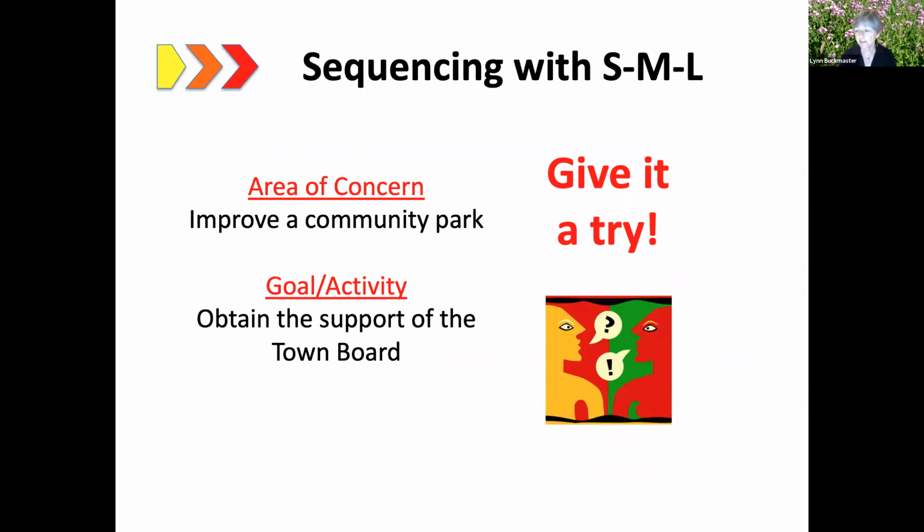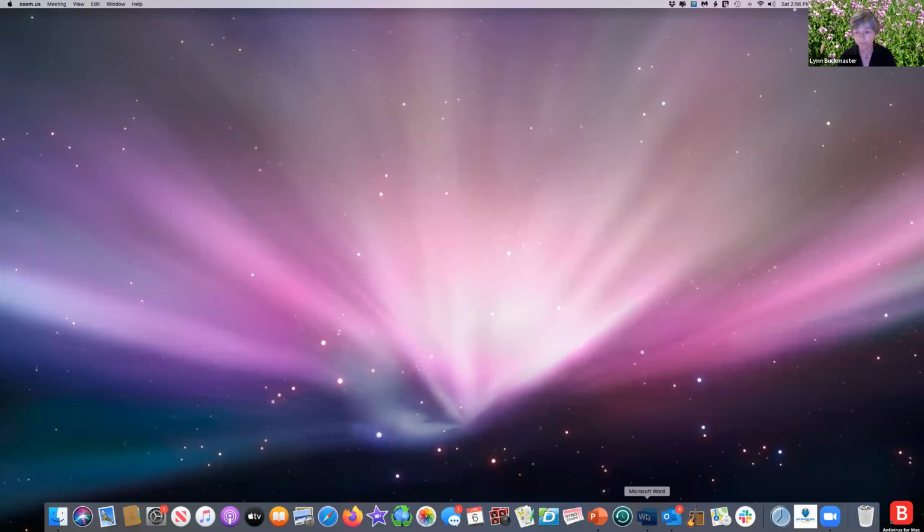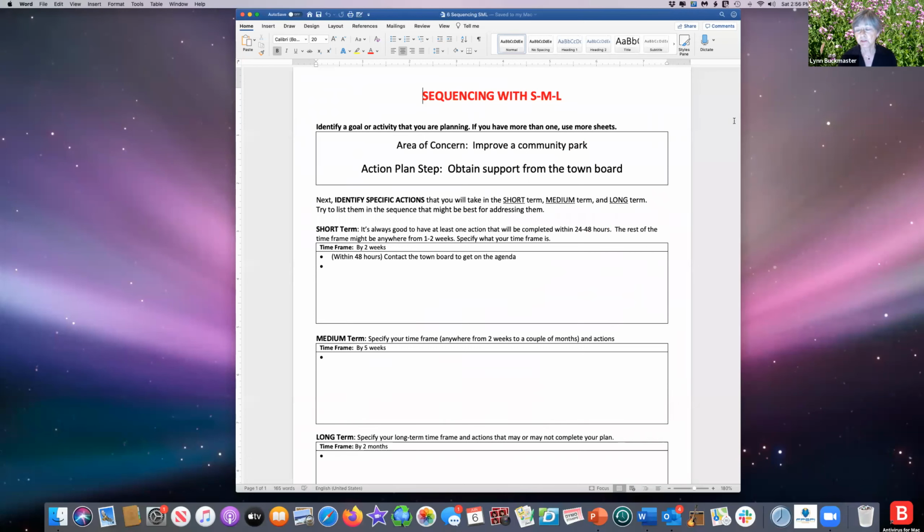So we're going to try this again with improving a community park. That's our main thing, but to do that, we need to obtain the support of the town board. So that's what we're going to be focusing on. And you're going to use the chat feature again. We're going to imagine that we found out that the first time we can get on the town board's agenda is in 2 months.